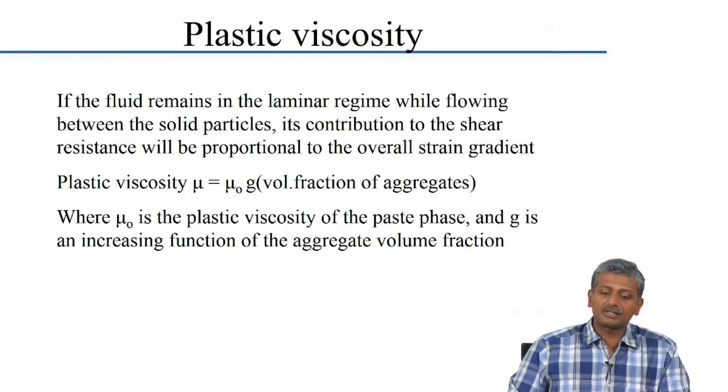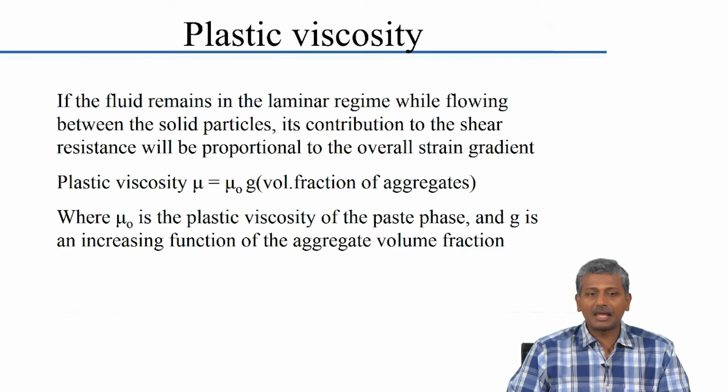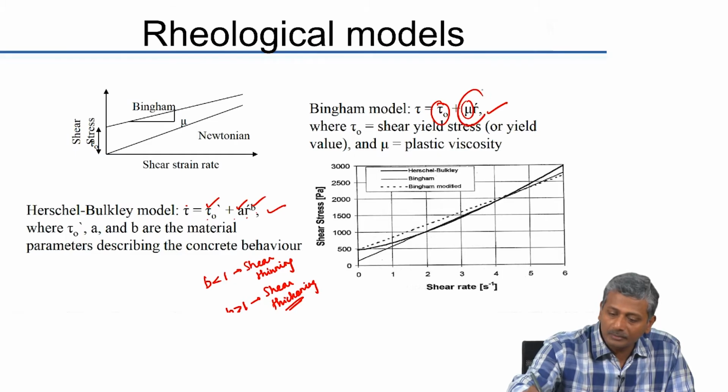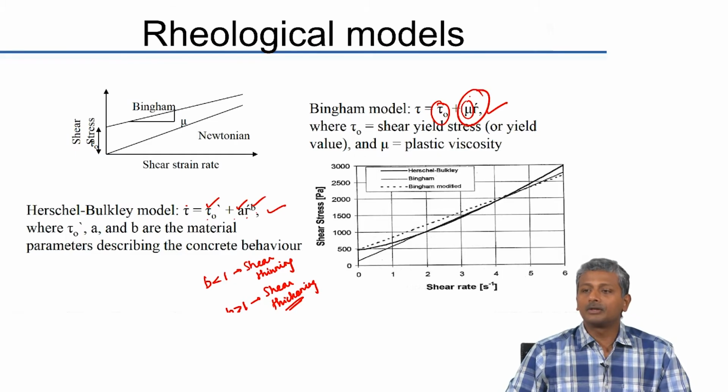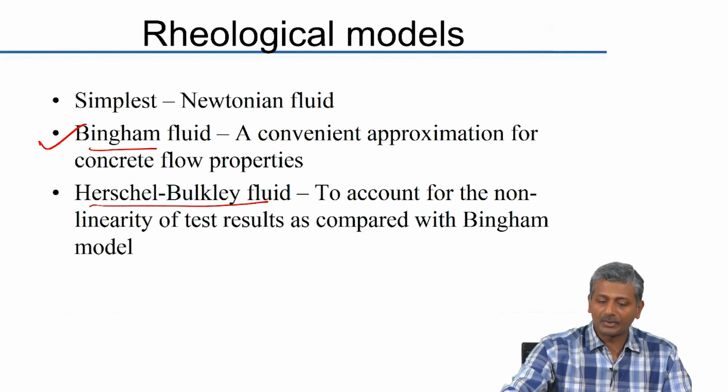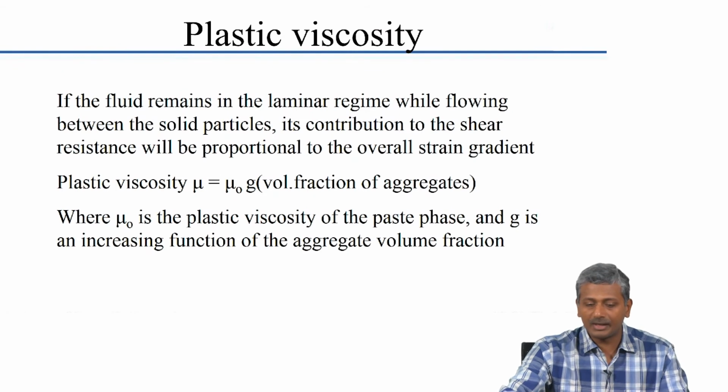So, once concrete starts flowing, if the fluid remains in the laminar regime, the contribution to shear resistance is proportional to the overall strain gradient. That is what makes this a linear equation. Okay. The contribution of this viscosity is linearly varying with the strain gradient. So, that is what defines the linearity in this case.